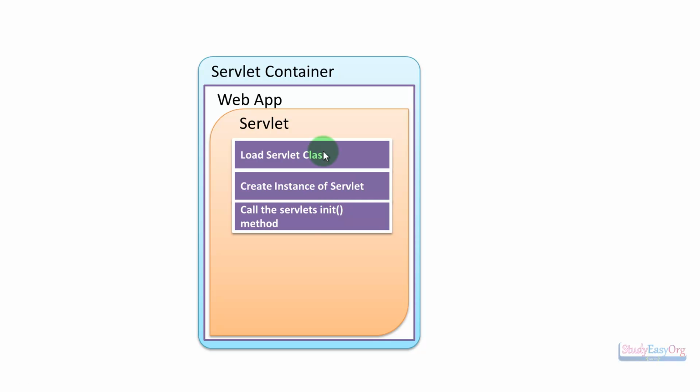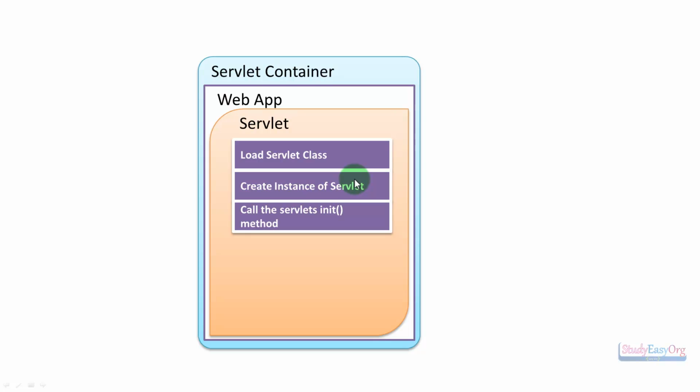Now friends, these 3 steps are taken only once throughout the life cycle of the servlet. So whenever we start Tomcat, for example, and execute a web application, these 3 steps will be taken only once, no matter how many pages the web application has and how many requests we make to it.